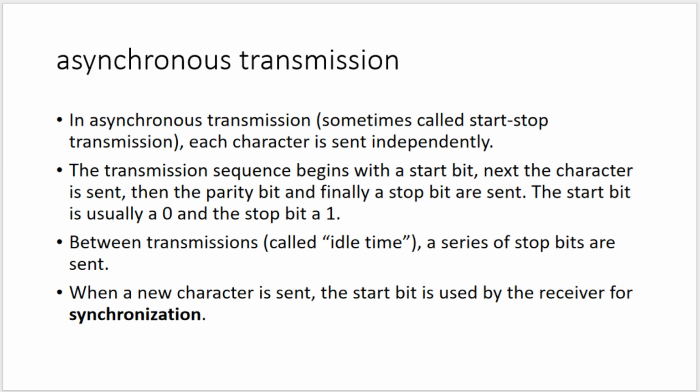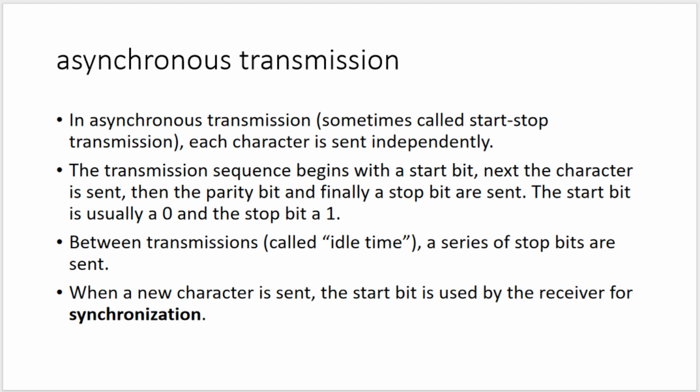So data is transmitted one byte or character at a time, with start and stop bits indicating the beginning and end of each byte. Characteristic: no continuous clock signal. Synchronization occurs on a per-byte basis.